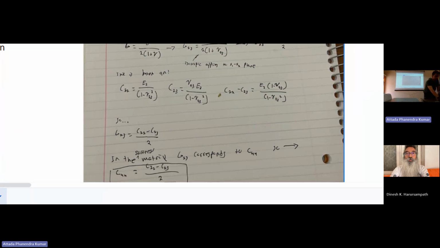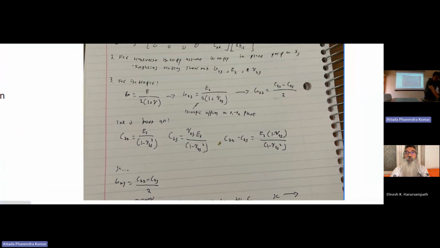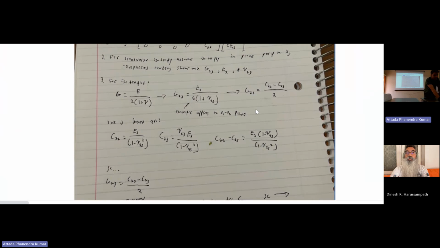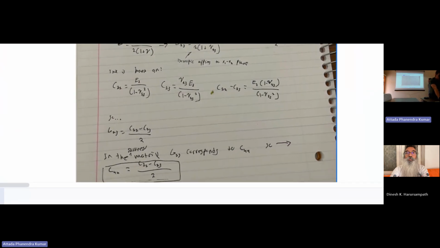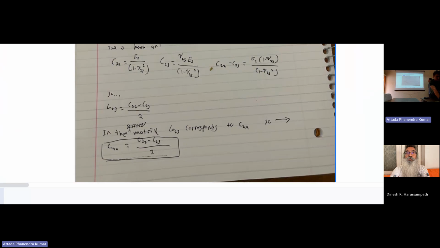And because of that, we can say that G23 is equal to C22 minus C23 over 2. Now that only explains why G23 is equal to that, but based on the stiffness matrix, we know that G23 corresponds to C44, and therefore, because those are corresponding values, C44 is equal to C22 minus C23 over 2.